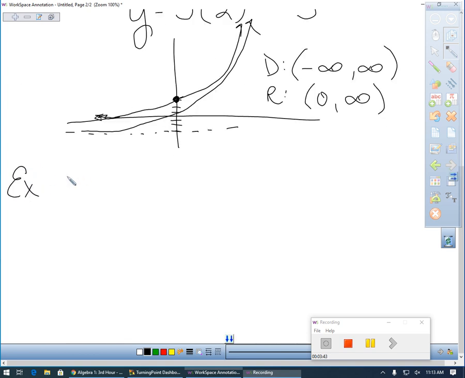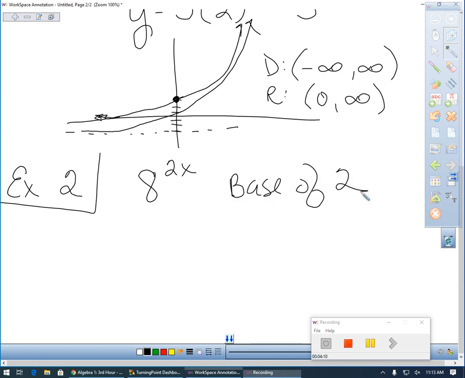One of the things we had to do when we're talking about exponential functions was manipulate the base once in a while to solve, right? So for example, if I said I have 8 to the 2x, but I want a base of 2. I need you to change this function, so this is a base of 2.